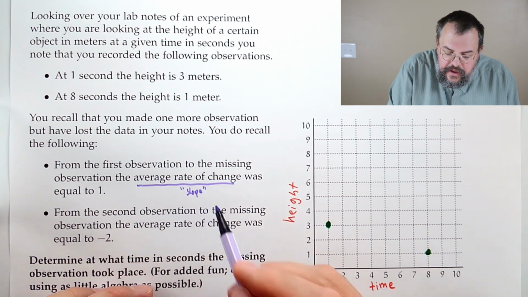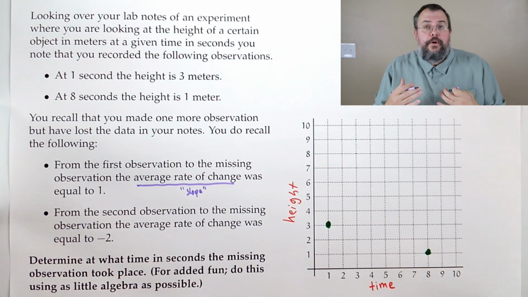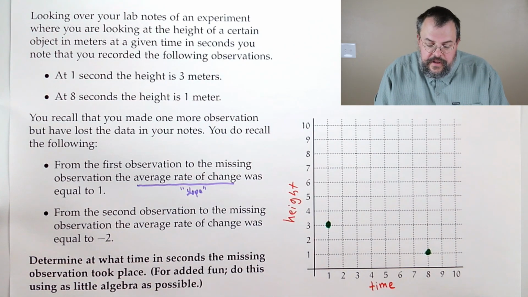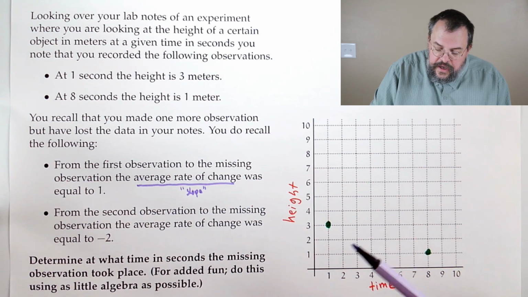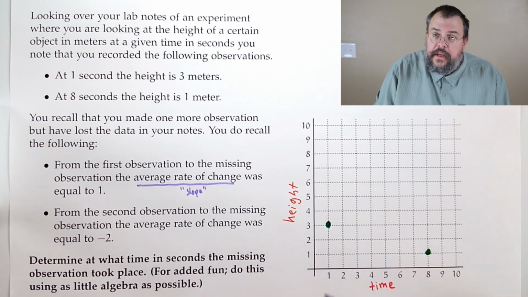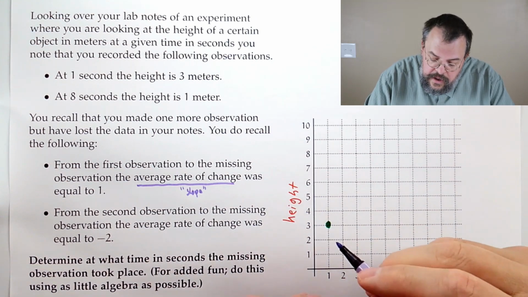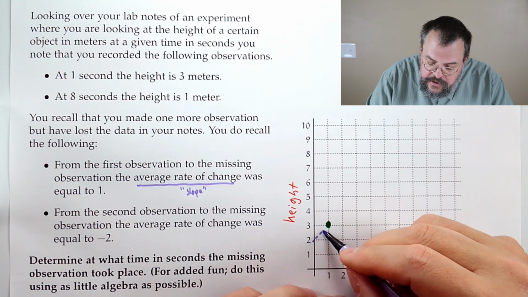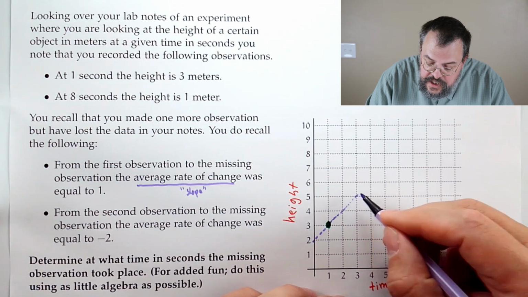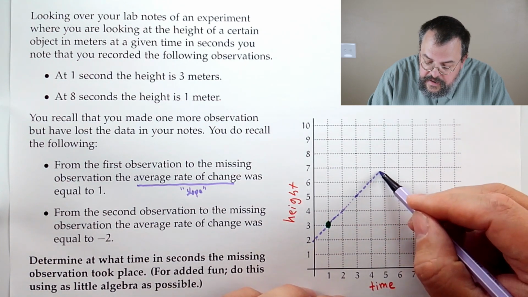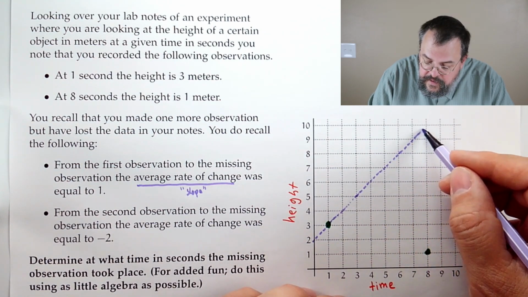Remember, it's like change in y over change in x, which means that wherever the other observation is, if I were to connect that to this point, it would make a line with a slope of 1. So I can conclude that wherever that missing observation is, it would have to be on this line.